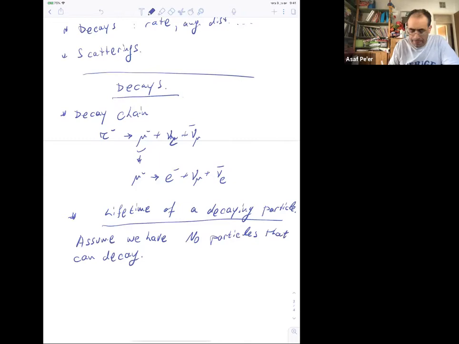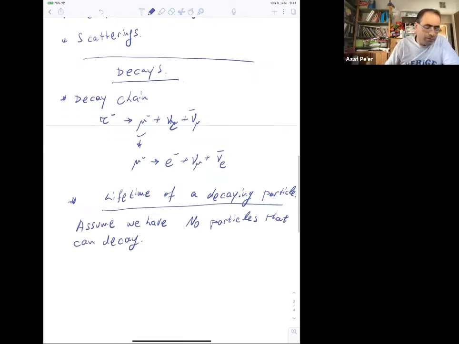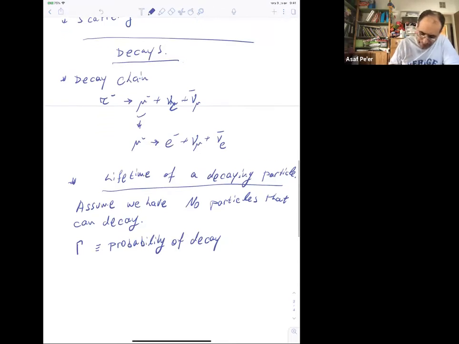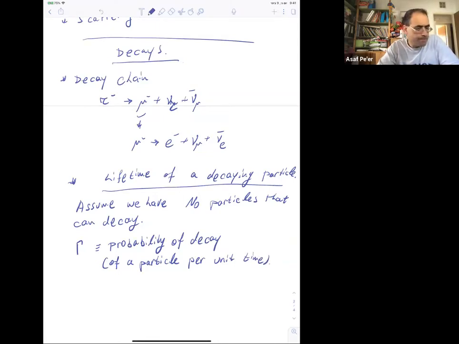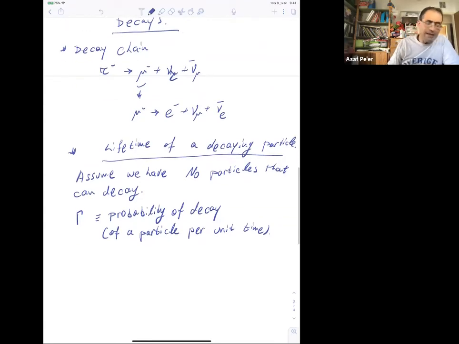We introduce a quantity called gamma, the probability of decay. This is the probability of decay of a particle per unit time, and this is called the decay rate.